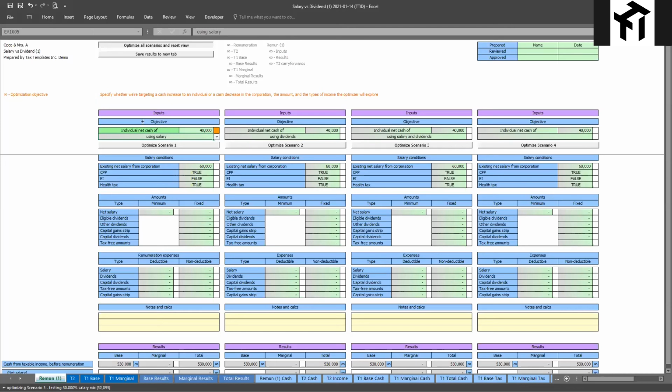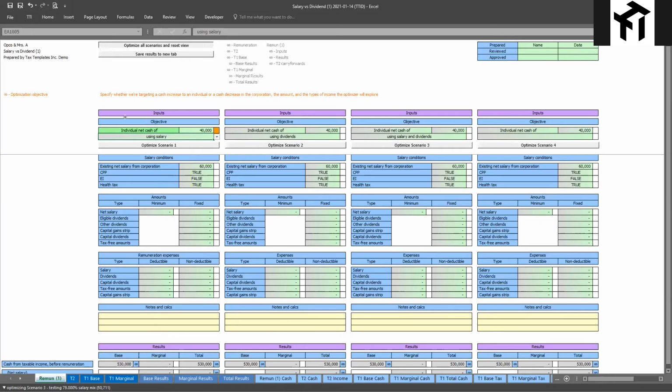So first, what I'm going to do is speak about the individual net cash and the corporate net cash. In essence, what the worksheet is doing is we are targeting one number while looking to maximize another. So in this case, what we're looking to do is arrange for our client to have $40,000 of net cash in their jeans after tax, while at the same time maximizing the corporate cash left behind in the corporation.